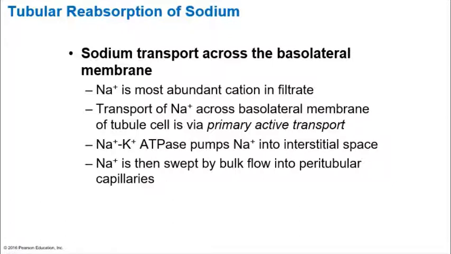Just keep in mind, you got to know what's getting reabsorbed and what's getting secreted in the different parts of the renal tubules. And so we're going to begin with some reabsorption, because that's what we're talking about, tubular reabsorption. One of the things you're going to have to put right back into the bloodstream is sodium.